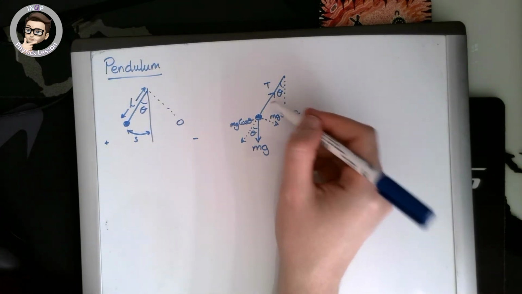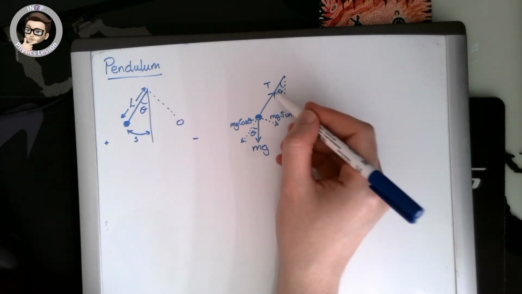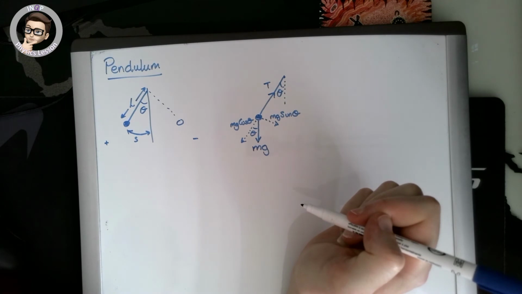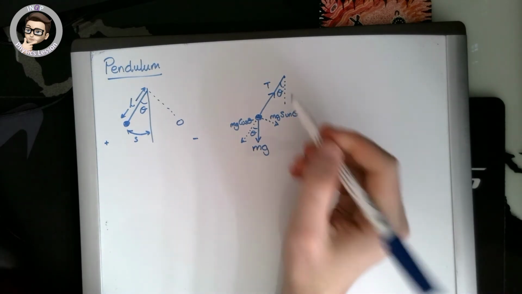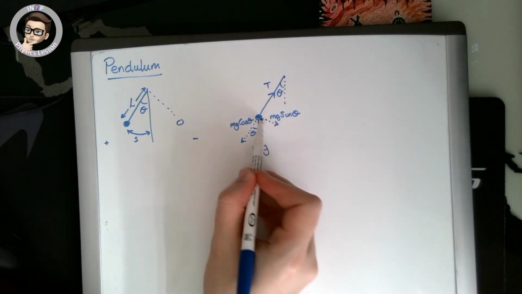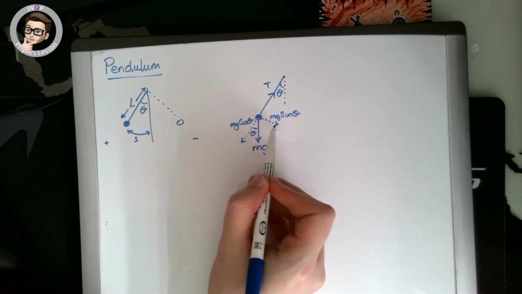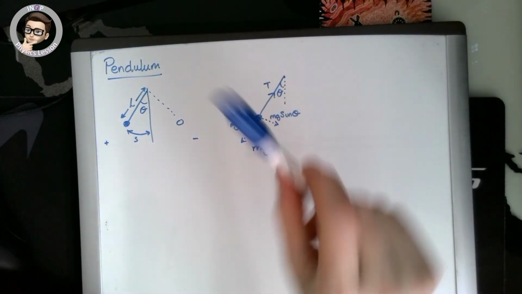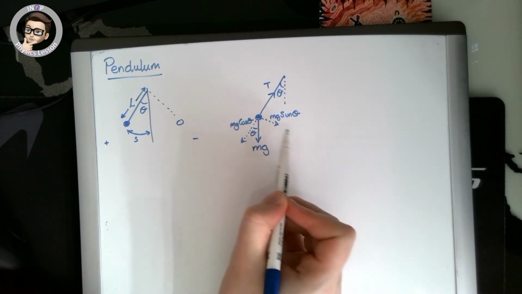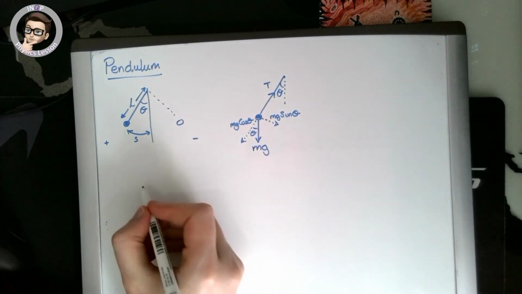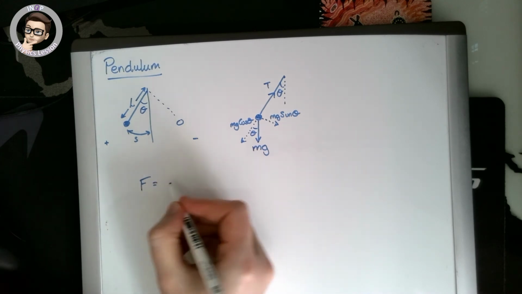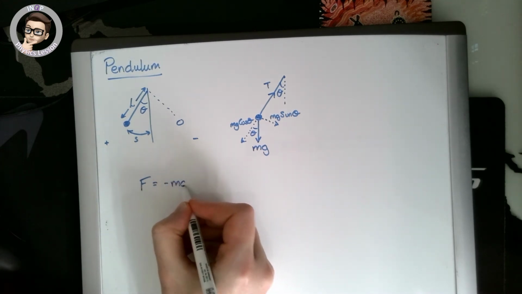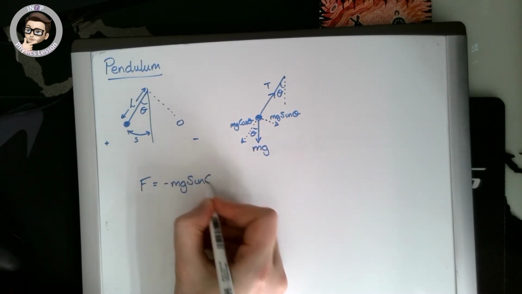The restoring force in this case is going to be the opposite of our mg sine theta, because the restoring force wants to pull it back to the centre. So we can say that F is equal to minus mg sine theta.